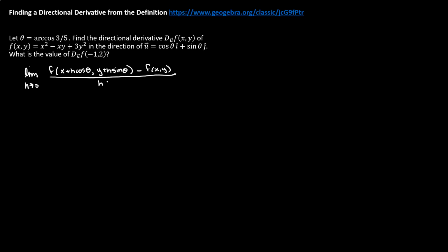Now, there's going to be some extensive scratch work, and for the sake of keeping this video short and sweet, I'm going to refer you to the book to do the algebra portion of this.